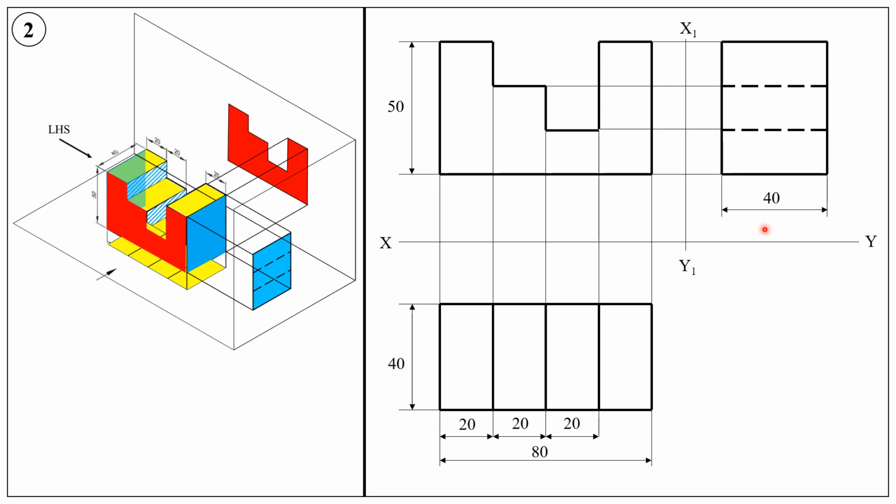So avoid redundancy in dimensioning. Therefore, either you can give this 40 or this 40. But since it is the first time you are drawing this one, to clearly visualize what it is, I have given the dimensions at both the locations. So this completes problem number 2. Thank you.